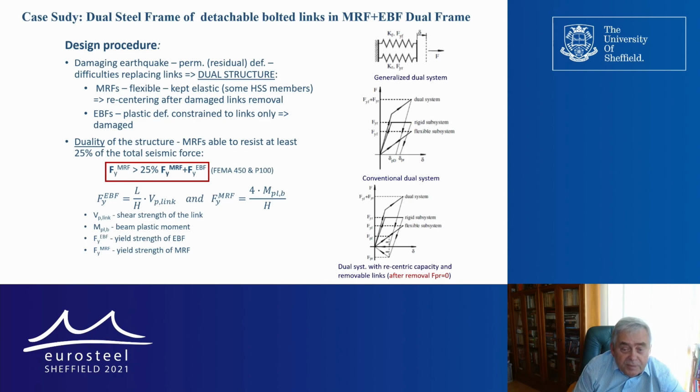We will have, let's say, the unload after the end of the earthquake, and we remain here with the residual stress which is in the link. If we detach now the link, we will get the initial position and the frame practically recover, not 100%, but in a big extent, the initial position.